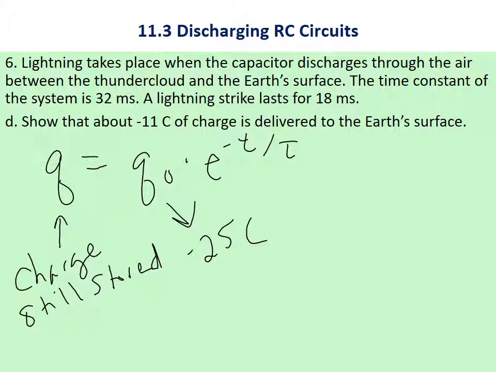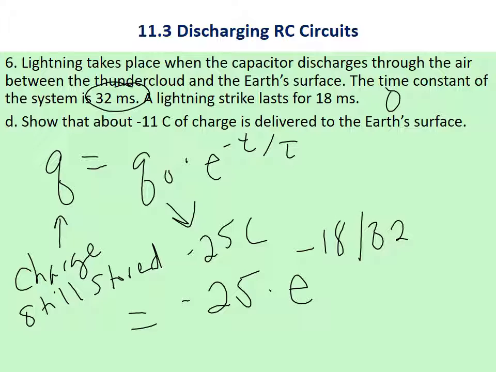We are given the time, so we're going to say from 0 at a time of 18 milliseconds, that's when lightning strikes. Tau is the time constant, and that's 32. So the charge that's still stored equals negative 25 times e to the negative 18 divided by 32, the millis cancel. You'll get a value.